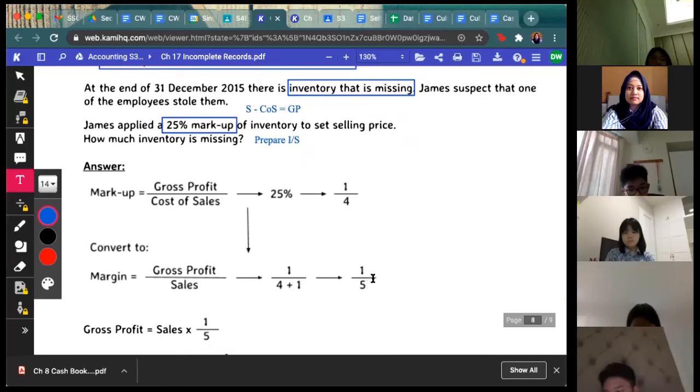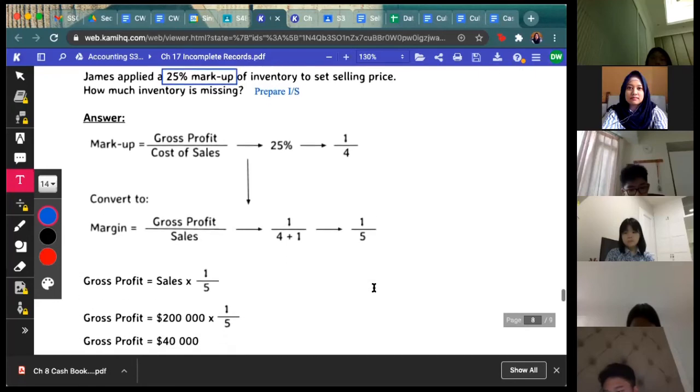Let's convert it into the right amount. If gross profit over sales is 1 over 5, then to find gross profit, it is sales times 1 over 5. Simple math.